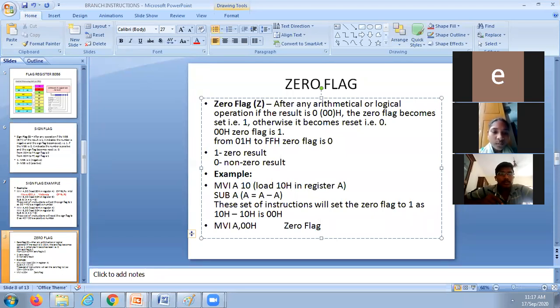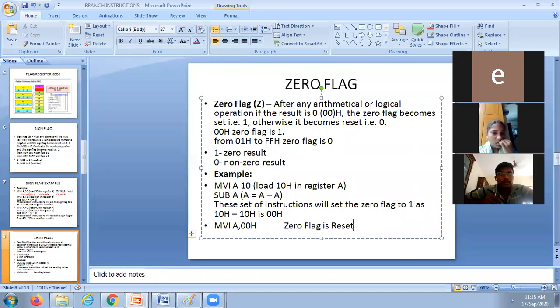Right. But what type of operation is it? Is it an arithmetic operation? Tell me yes or no. Move immediate is an arithmetic operation, yes or no?